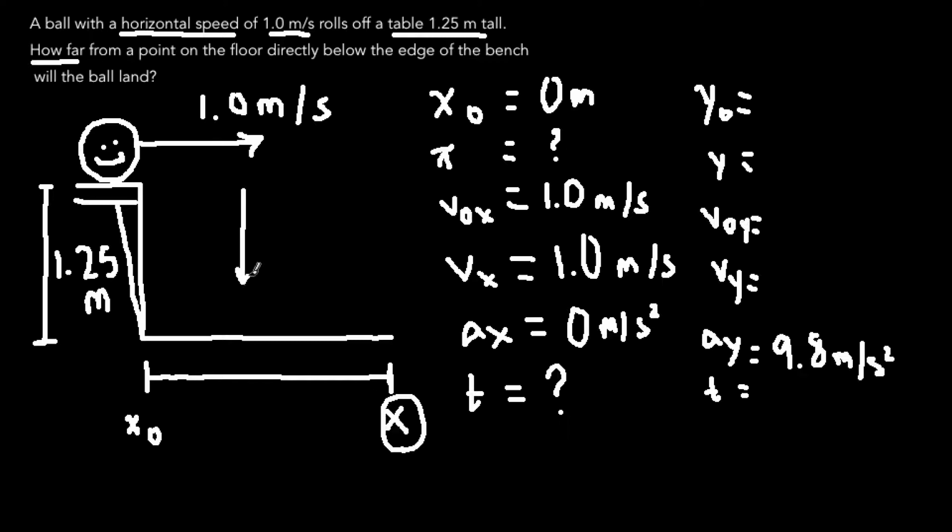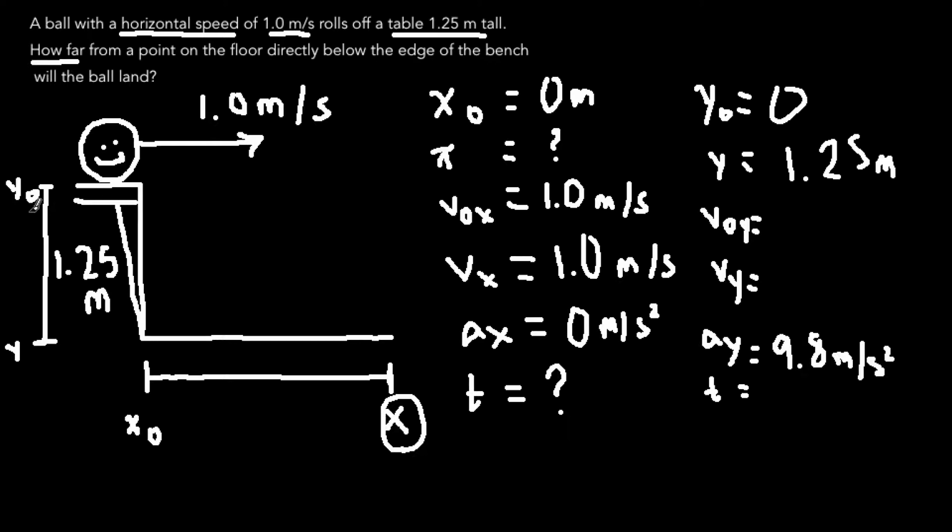Because this direction is positive, we want to make sure that the y distance, in other words delta y, the change in y, is positive. And in order to make that positive, we need to set y naught equal to 0 and y to 1.25 meters. So y naught would be here and y would be here.